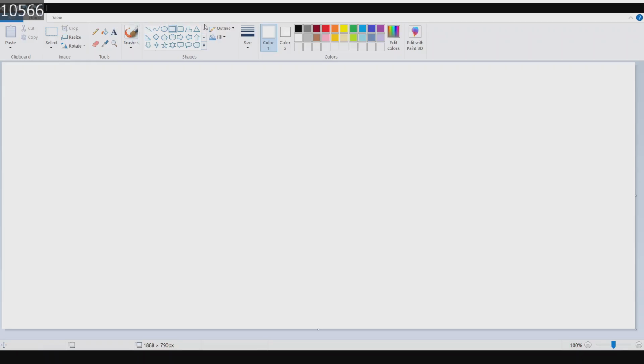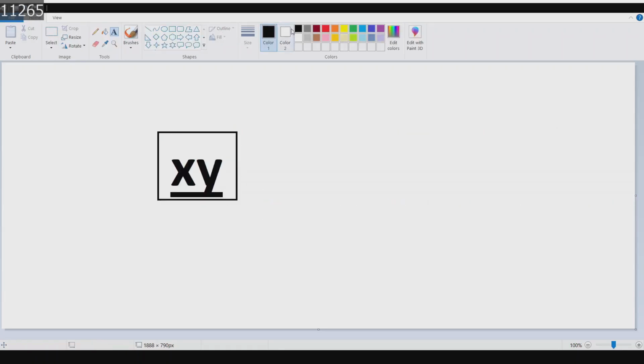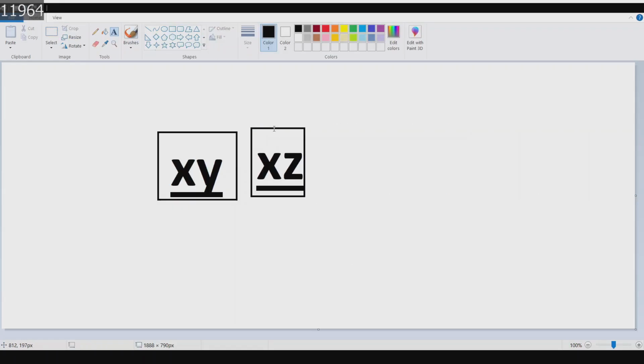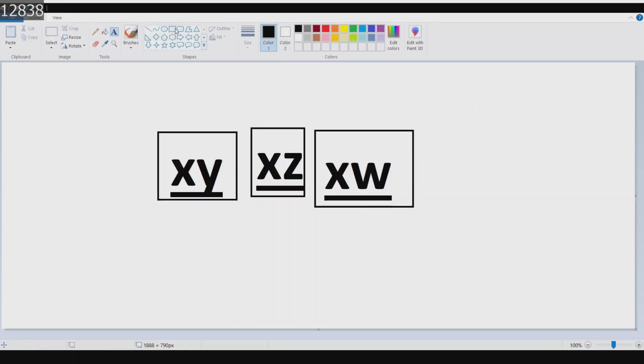So, if we have X, Y, Z, and W, that would make 1 XY, 2 XZ, 3 XW, and then we have other ones too.